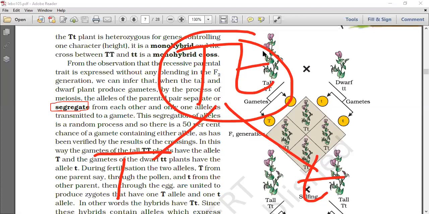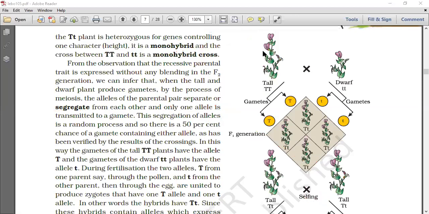So there is a 50% chance of a gamete containing either allele, which has been verified by the results of the crossings. In this way, the gametes of the tall plant, capital T plants, have the allele capital T, and the gametes of the dwarf, small t, have the allele small t.